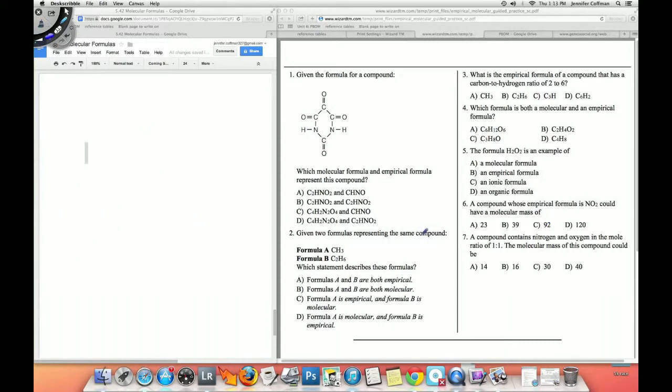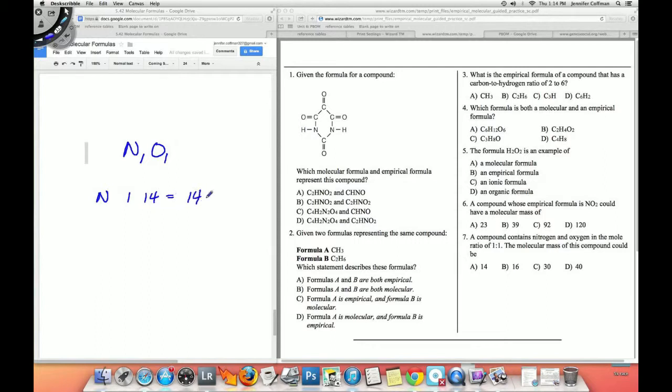Okay, now last question on this little guided practice that we have going here. It says a compound contains nitrogen and oxygen in the mole ratio of 1 to 1. Nitrogen 1, oxygen 1. Remember, these subscripts are mole ratio. The molecular mass of this compound could be, well, nitrogen, there's one of them, and it weighs 14 grams per mole.